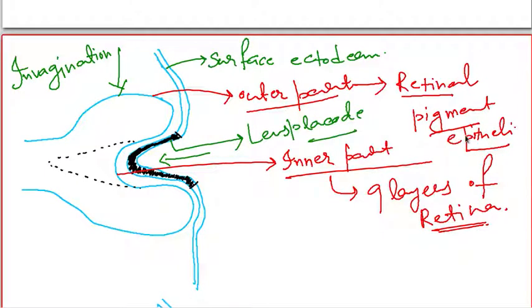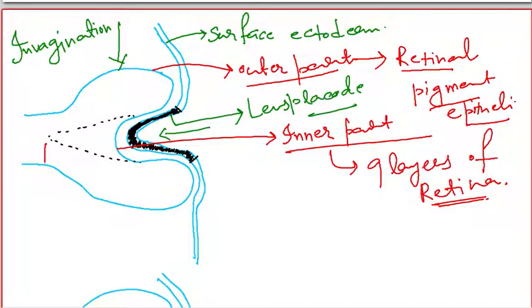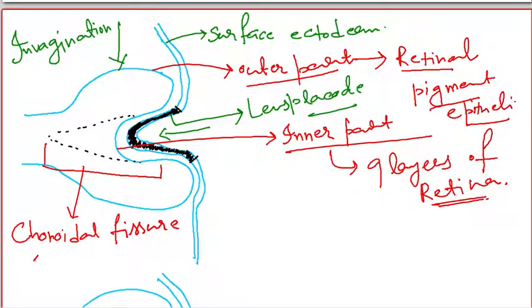Now as you can see, I have drawn a structure here, that is the dotted part. It is called choroidal fissure or fetal fissure. Now if there is a fissure in the body, it should be closed before the proper development of a human embryo.